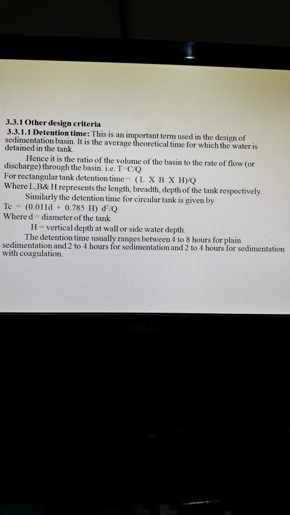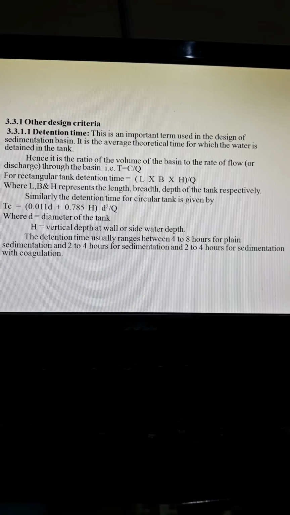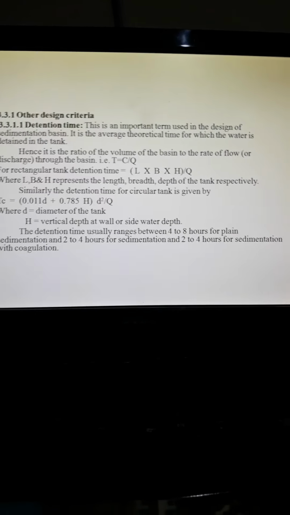However, for the circular tanks this detention time TC is given by, within the bracket, 0.011 small d plus 0.785 capital H into d square divided by Q, where d is the diameter of the tank, H is the vertical depth at the wall or side water depth.